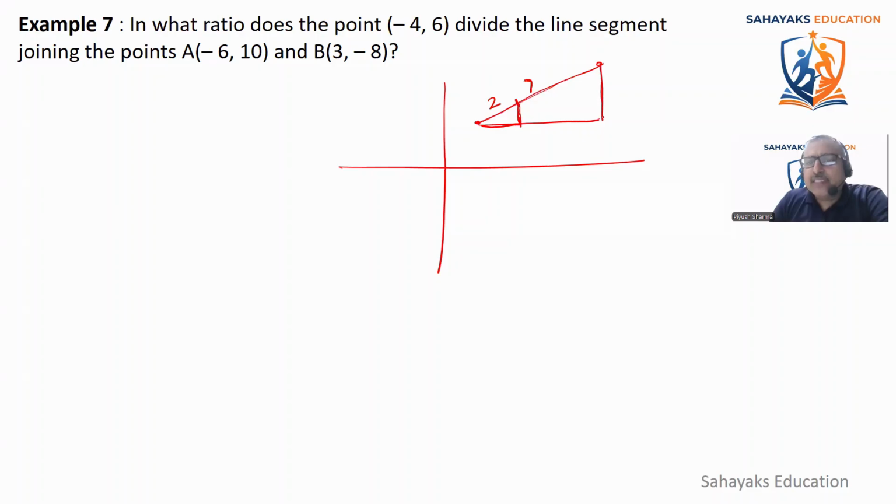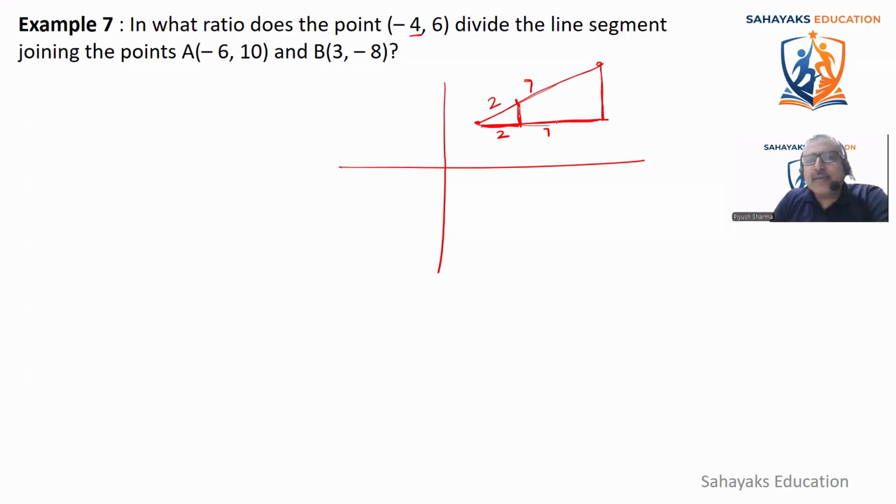And because they are similar triangles, the x coordinates are also getting divided in the ratio 2:7. Is it clear? So we can directly do it only with x. We don't have to see y at all.